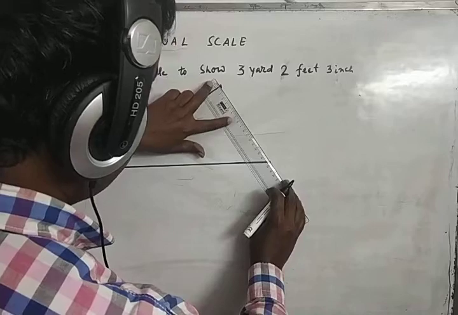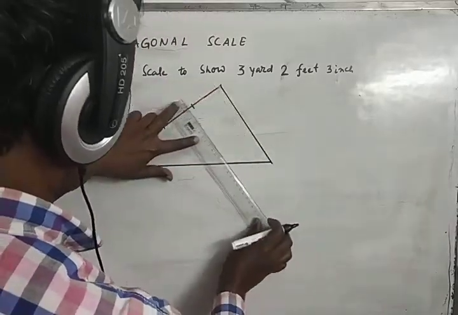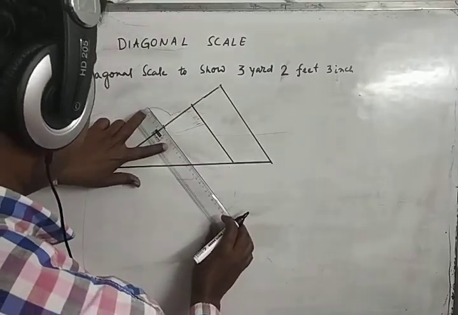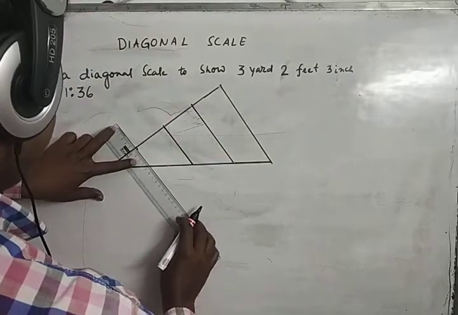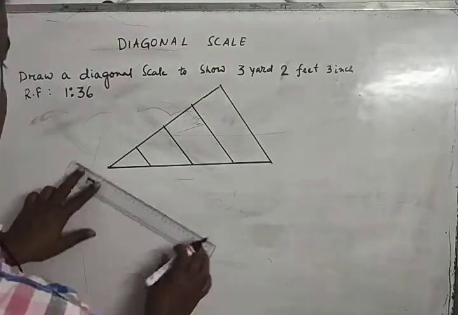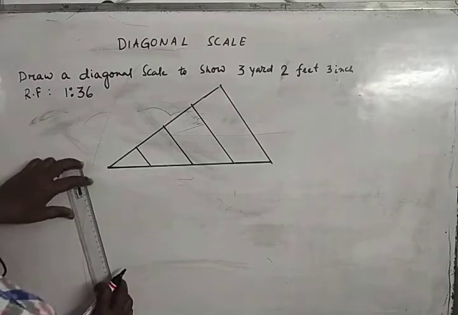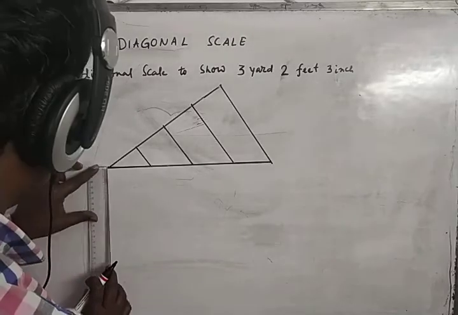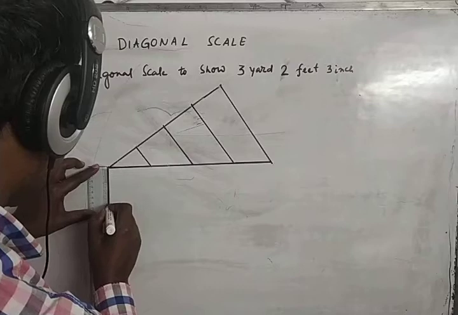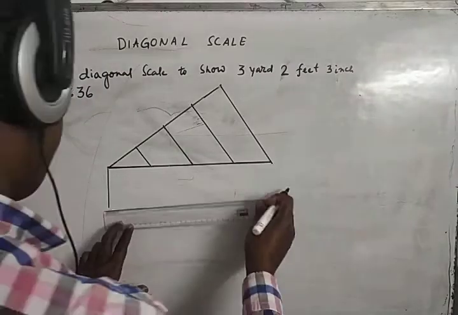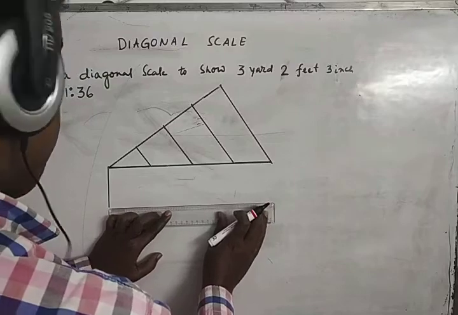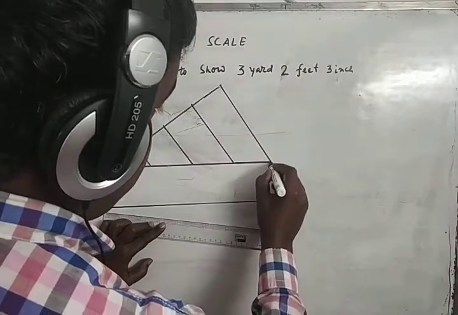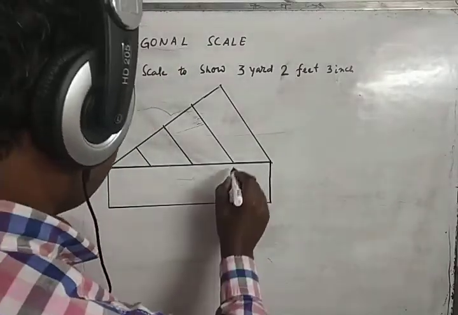Both the end points have to be added, and it must be taken by set square, not by scale like me. I am drawing arbitrarily. Again, some thickness is needed. Okay, add this.